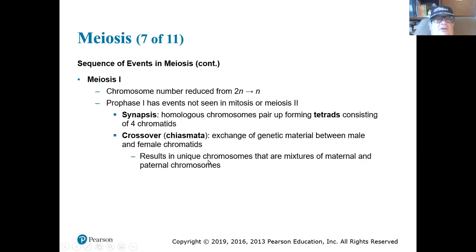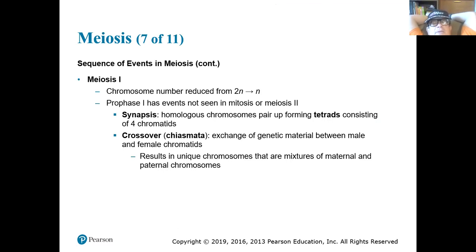All right. So in meiosis 1, the number of doubled chromosomes will be changed from 2n to n. It's still doubled chromosomes, though. Prophase 1 has events that you don't see in meiosis 2. They're special.